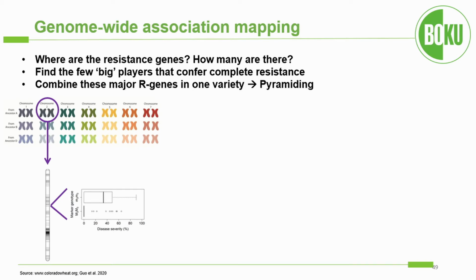Afterwards, one would try to combine all these genes you have found in one variety. This is called gene pyramiding. Let's say, for example, in generation 1 we have these 3 parents, and each of them carries one of these resistance genes in the favorable allele, the large R allele. Then we would try to combine all of these in one variety.